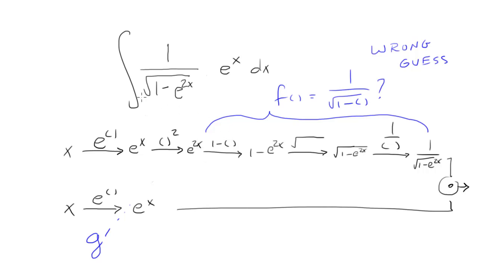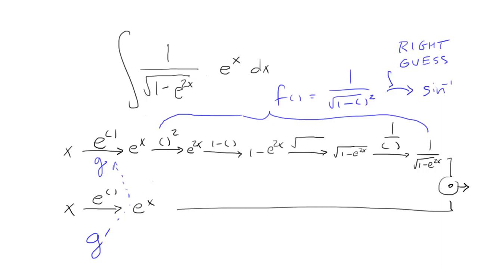Now g feeds into f, where f is changed to include the square function. So now there's my g leading into f. My f is now 1 over square root of 1 minus a square. I know that. That's inverse sine. So this is the right guess.